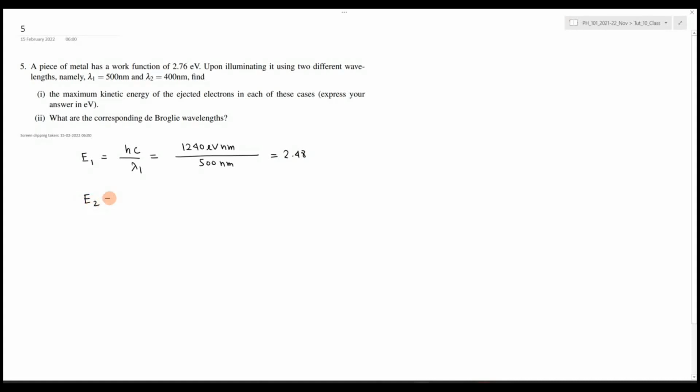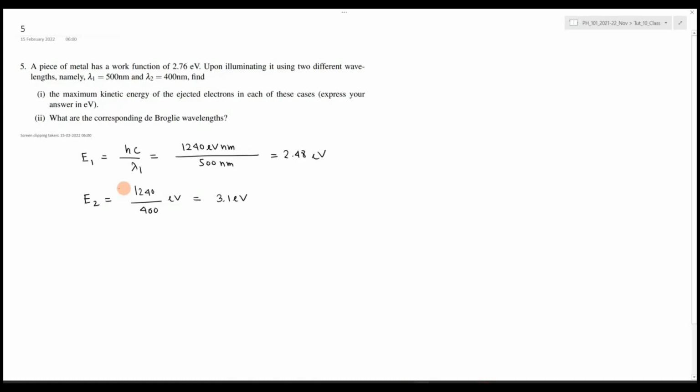Also find the energy of the second wavelength. It will come out to be 1240 divided by 400 eV, which is 3.1 eV. Now see, this E1 is less than the work function of the metal, but this E2 is greater than the work function of the metal.